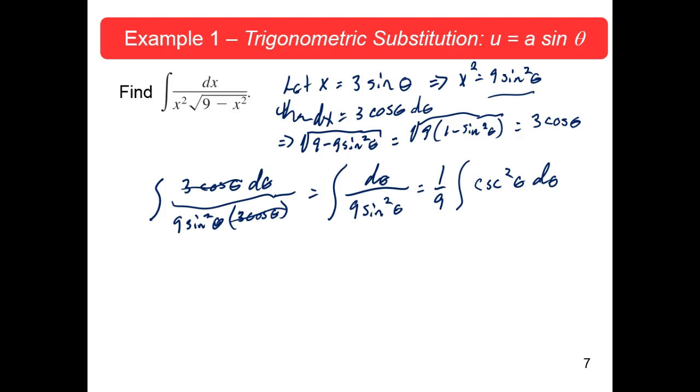The Pythagorean identity for cosecant squared is cotangent squared plus 1. But that's not what we're looking for here. We said the antiderivative for cosecant. Derivative of cotangent is minus cosecant squared. Remember, derivative of tangent is secant squared. Derivative of cotangent is minus cosecant squared. So this then gives us a minus 1/9 cotangent theta.